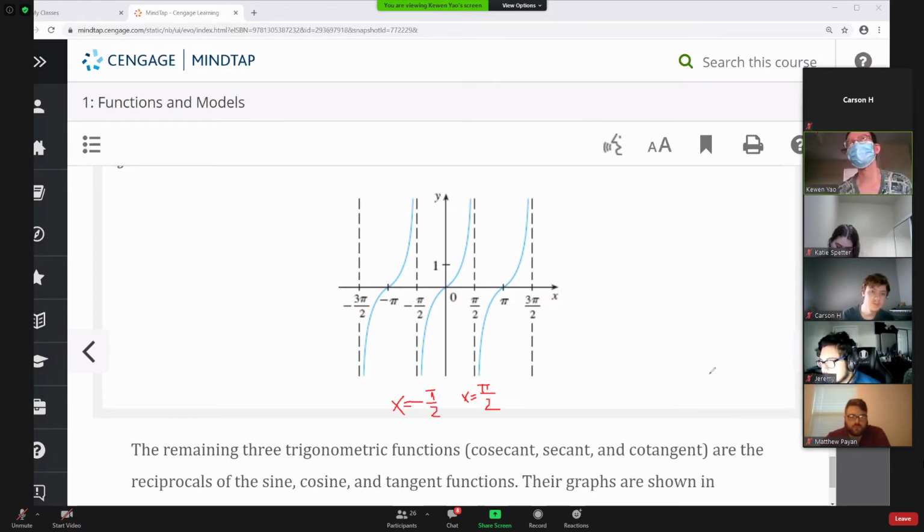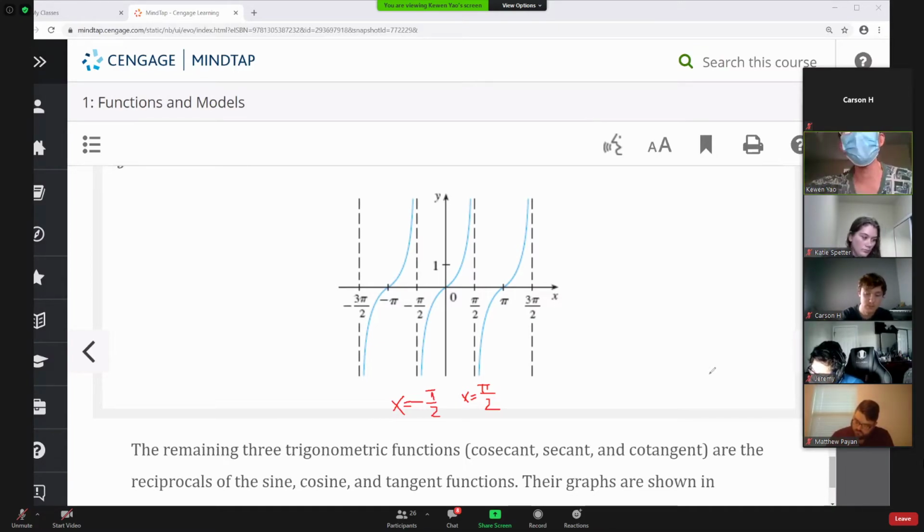So remember, sin x is an odd function, cosine x is an even function, and tan x is an odd function again. You have to remember when a function is even and when it is odd. Sine is odd because the graph is symmetrical with respect to the origin. Cosine is even because the graph is symmetrical with respect to the y-axis.